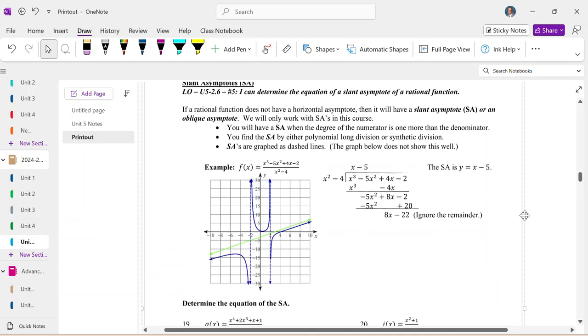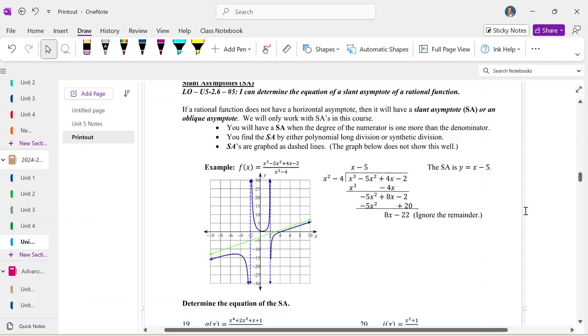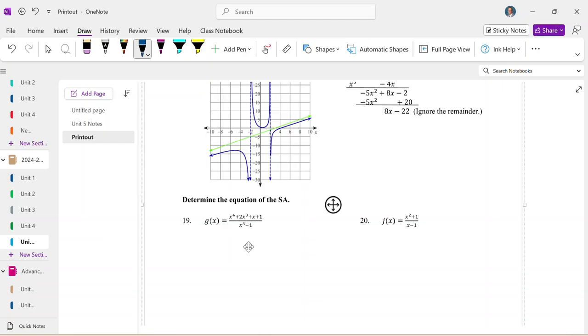So, for example, here, when the degree of the denominator is 3, then we have to do long division. We would say, okay, there's no horizontal asymptote because the degree of the numerator is larger than the denominator. But to get the slant asymptote, we're going to have to do long division.